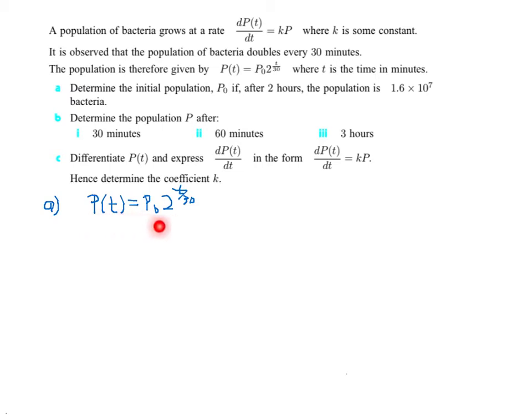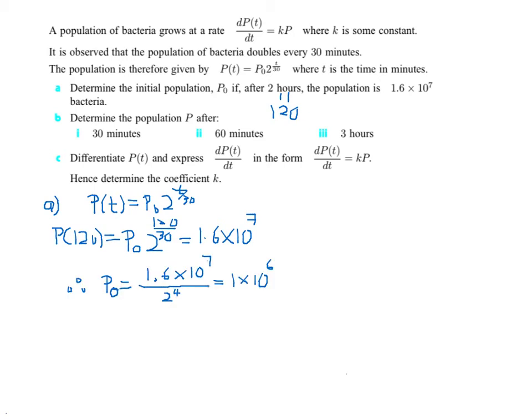So this is the function here, or the model in a way, and here we know that 2 hours would be equivalent to 120 minutes. So we are really trying to calculate this. P(120) is equal to P naught times 2 to the power of 120 divided by 30. That would be 2 to the power of 4, I think, and it is equivalent to 1.6 times 10 to the power of 7.